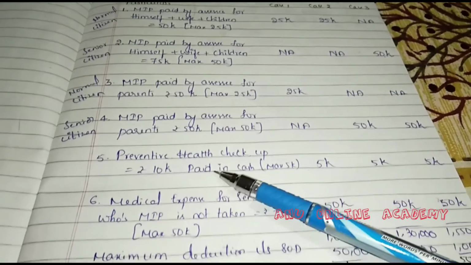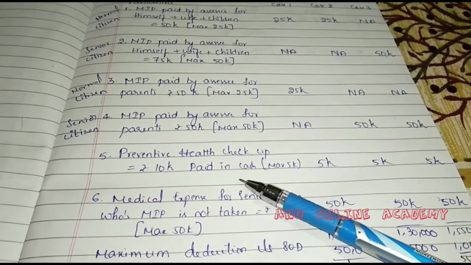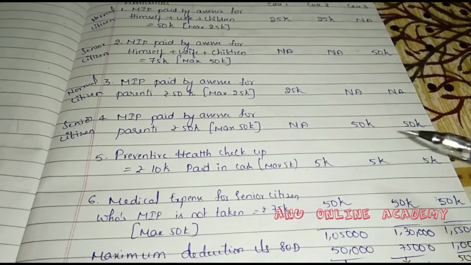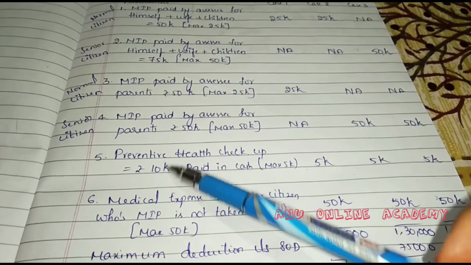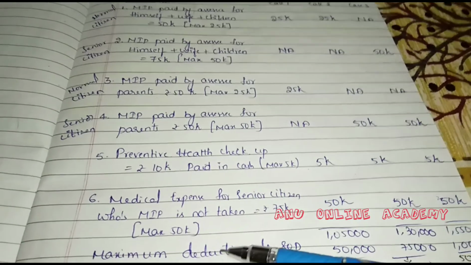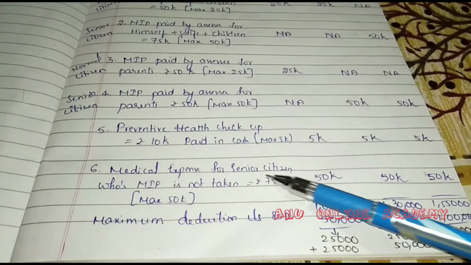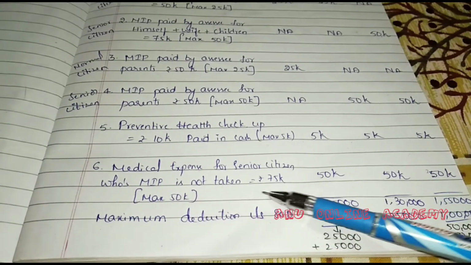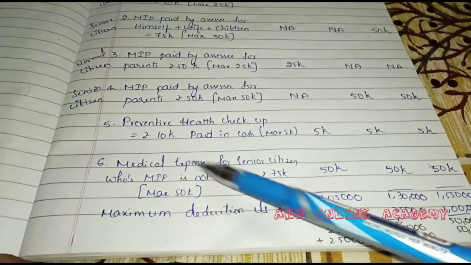And the next, preventive health checkup 10,000 paid in cash, maximum 5,000, applicable in case 1, case 2, case 3. Medical expenses for senior citizen whose medical insurance premium is not taken 75,000, maximum 50,000.